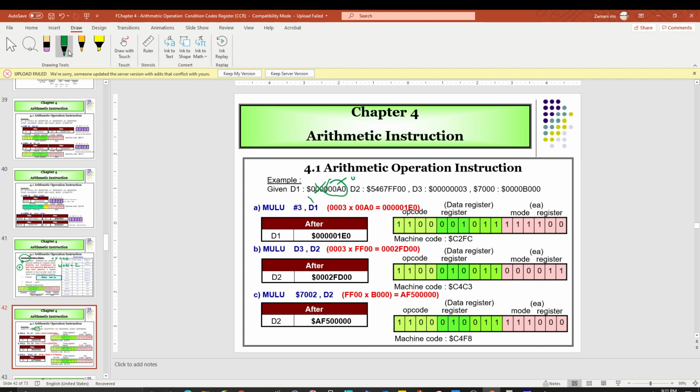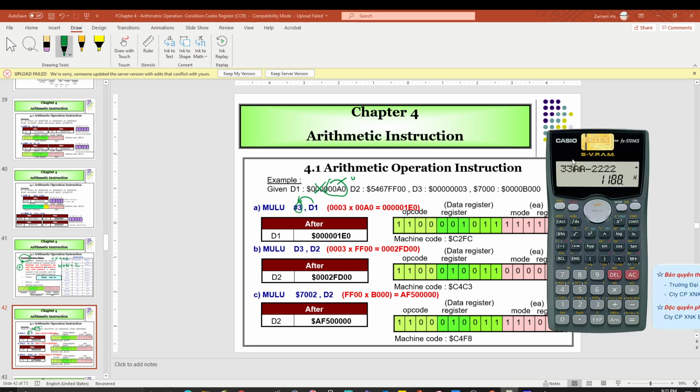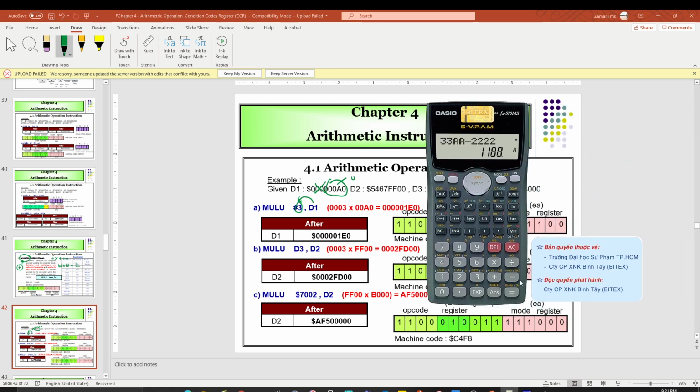This word size is going to be multiplied by 3. 3 in hexa is the same as 3 in decimal, and you just multiply it. 00A0 multiplied by 3, you're going to receive 01E0. So you're going to receive this value, and then it should be long word size, right? Remember that? So you have to put all 0 at the front over here for the whole D1 register.